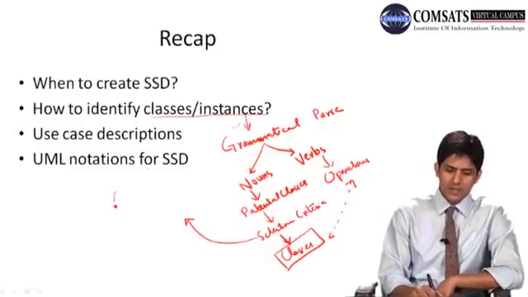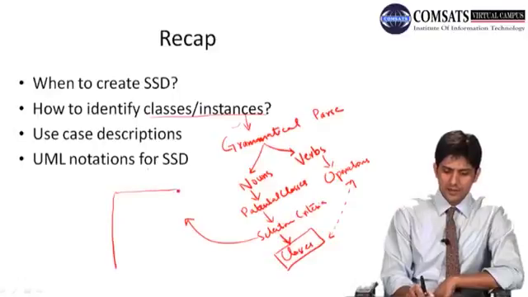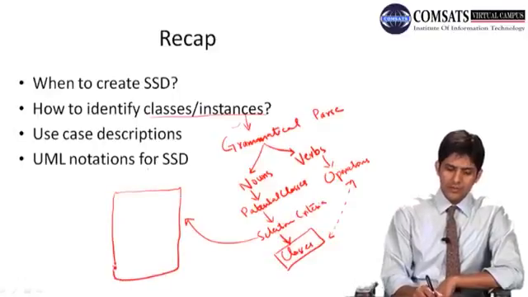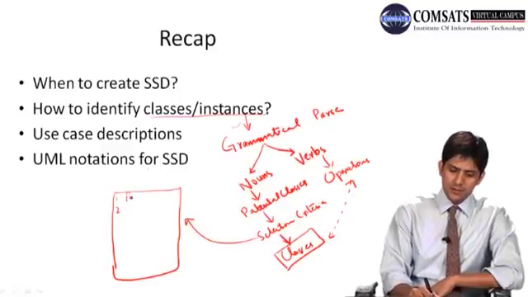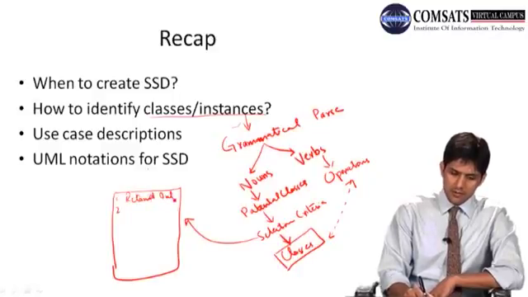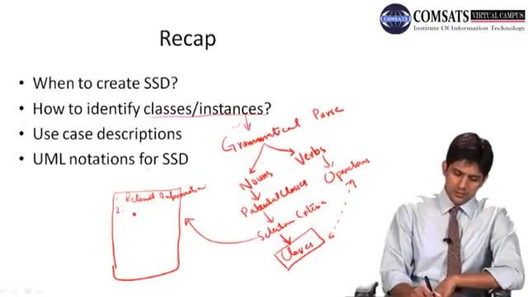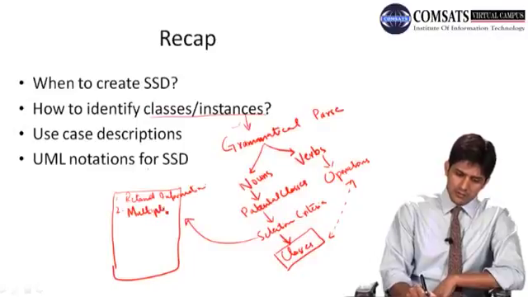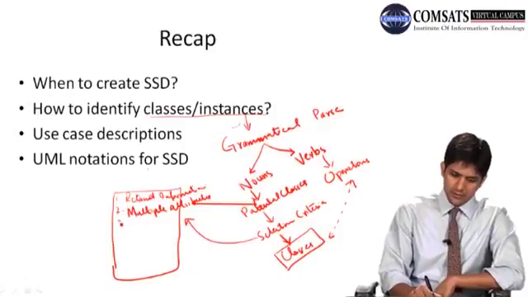And quickly, what was the selection criteria? We will cover that once again when we do a lecture on class diagrams. There were basically 6 criteria. I think number 1 was retained information. Then, I think, multiple attributes.